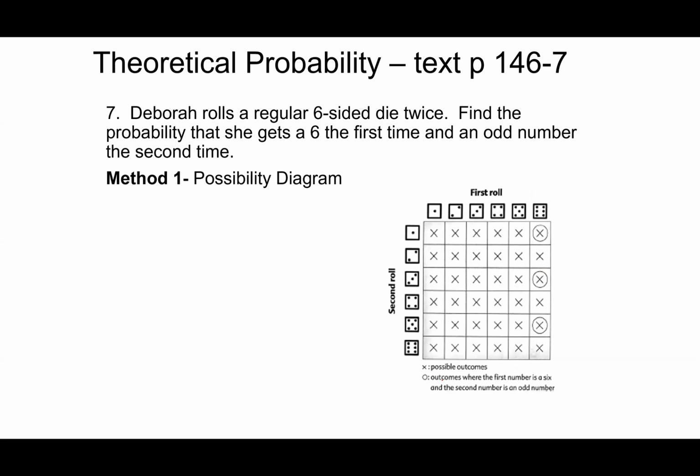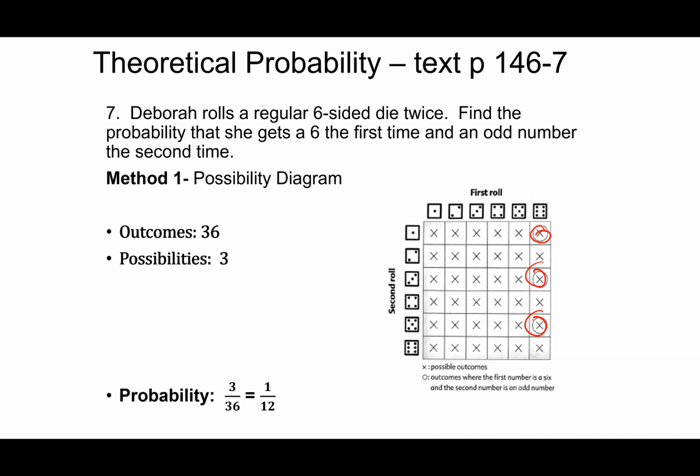Out of those 36, how many times could Deborah roll a 6 the first time and an odd number the second time? Ashley? Yep, so we've got those circled here. So 3 out of 36 times, okay? So we should have that copied into your notes, you guys. So our probability is 1/12. Everybody have that? Yeah, great.